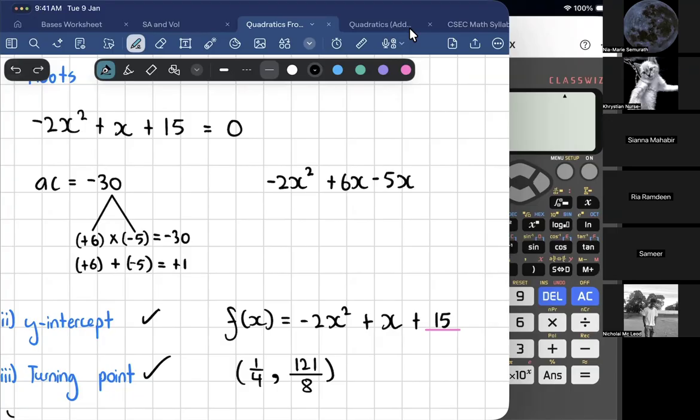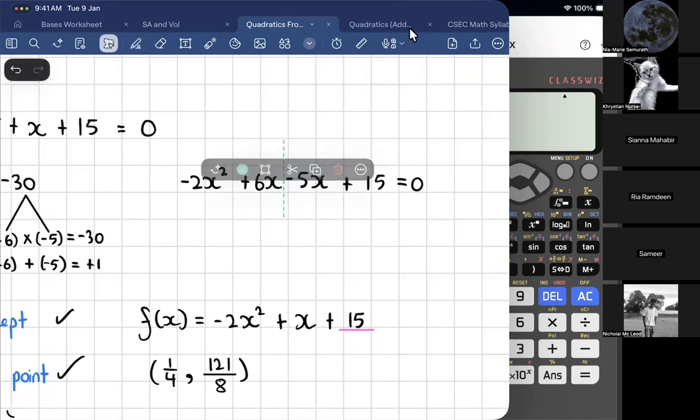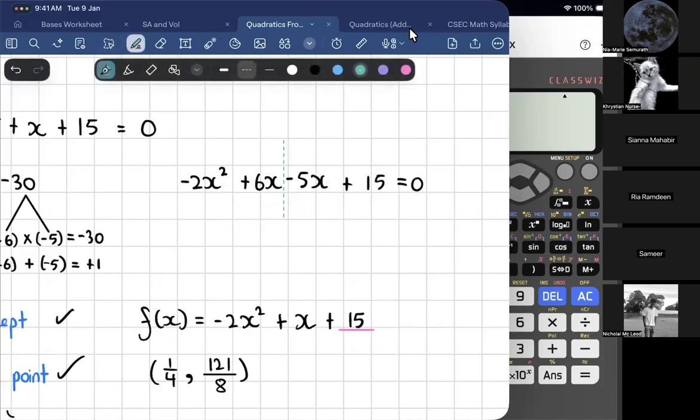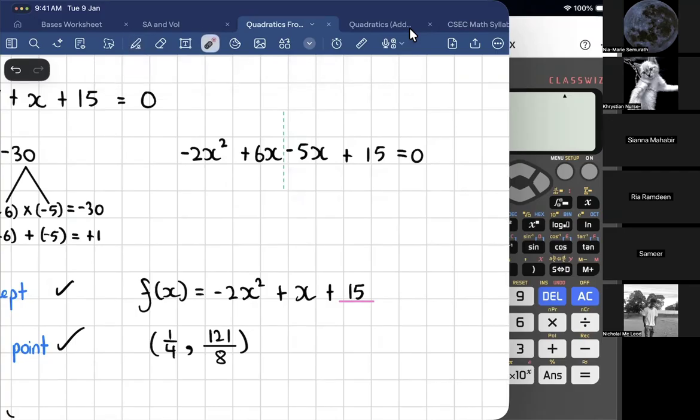Yes. And then you would go down the middle between 6x and minus 5x, and draw a line going down, separating them into two different groups. So it would be minus 2x squared plus 6x, and then minus 5x plus 15. Well, we're not putting both of them equal to 0 for now, but the entire thing is equal to 0.